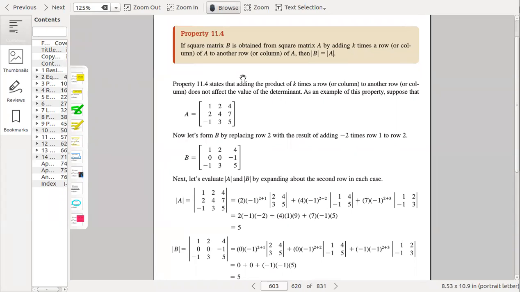So adding k times a row to another row will not affect the determinant of a matrix, we can say.